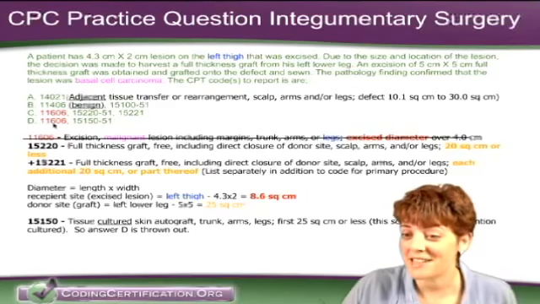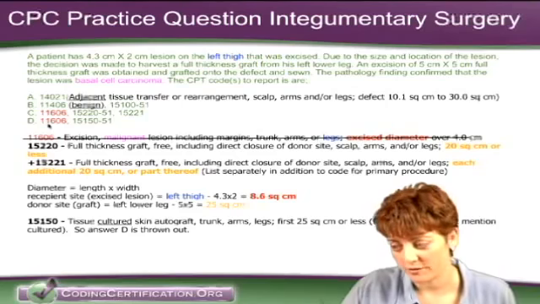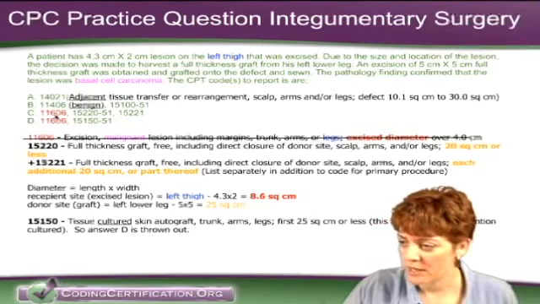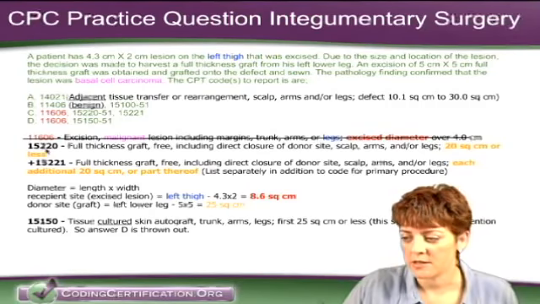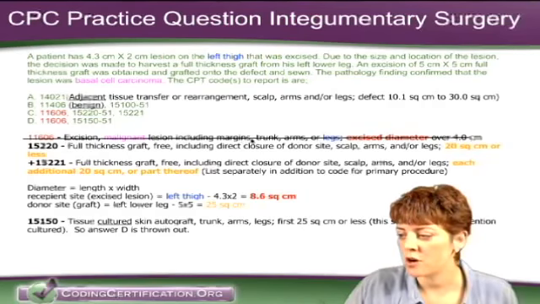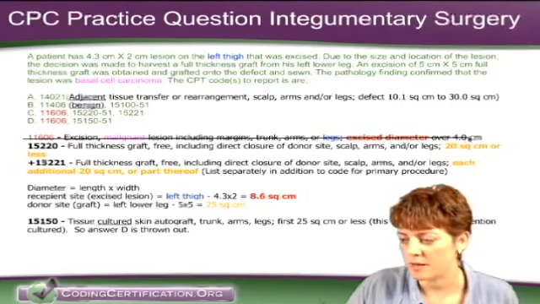So my spidey sense says it's going to be answer C or D without even reading the question, which probably a lot of you guys were picking up from the previous tip here. And just to confirm, I'm going to look at 11606, and I copied and pasted it here. Excision of malignant lesion, including margins, trunk, arms, or legs, excised diameter over 4.0 centimeters.